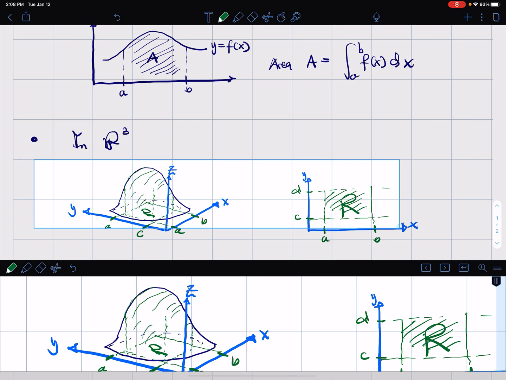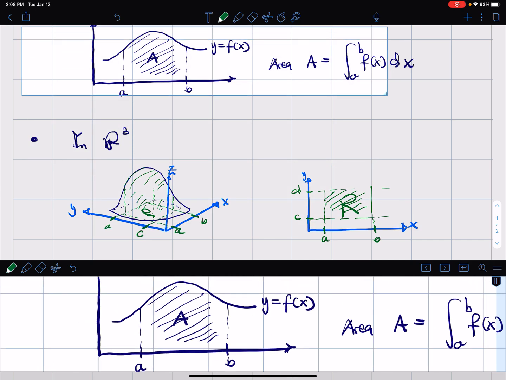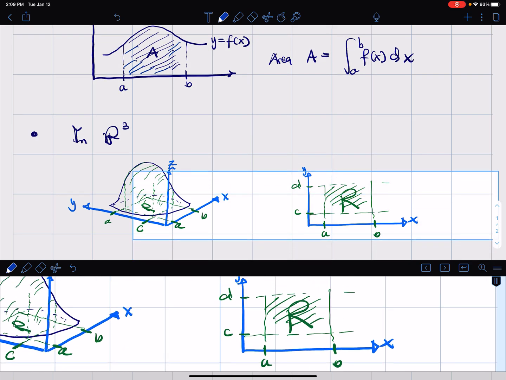As you can see, it's not the whole surface, it's just the surface that sits on top of the region R. Just like here, we're not looking at the area under the whole curve, we're just looking at the area from A to B. So in this case, we're looking at the volume on top of the region R. I hope that makes sense.